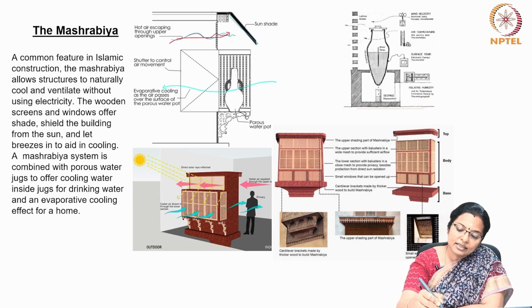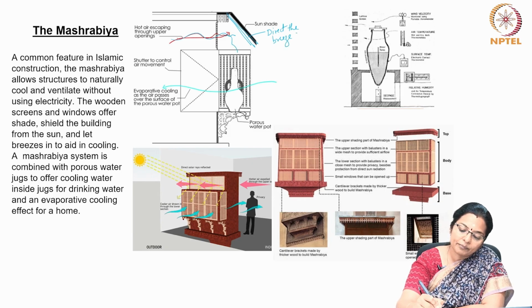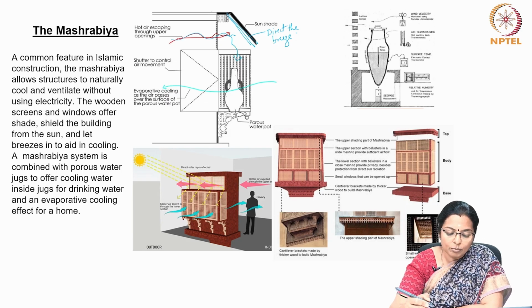It has a particular element which will direct the breeze towards the moisturizing element. And here the moisturizing element is a porous water pot.